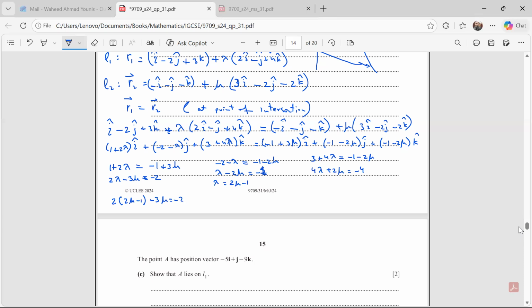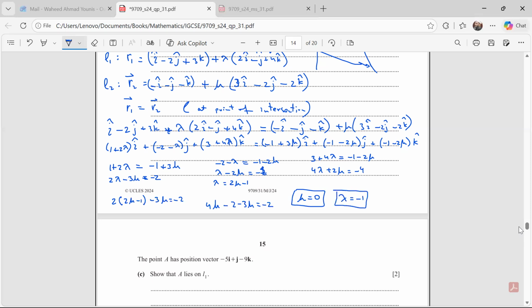So 4 mu minus 2 minus 3 mu equals minus 2. So minus 2 cancels and 4 mu minus 3 mu is 1 mu. So mu is equal to 0. This is one interesting value we found. If mu is 0, then lambda must be equal to minus 1.